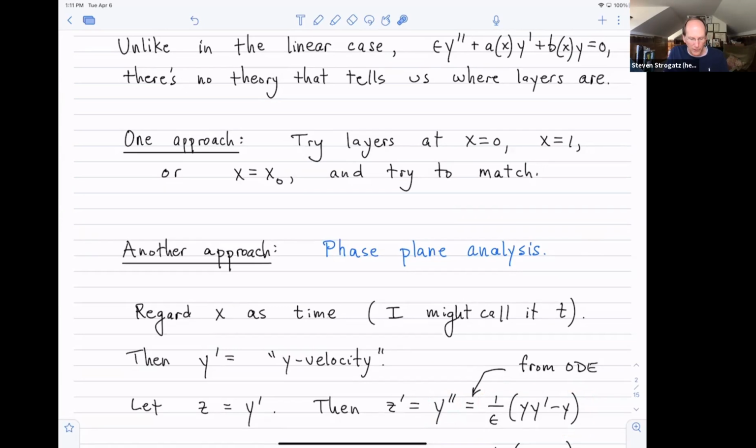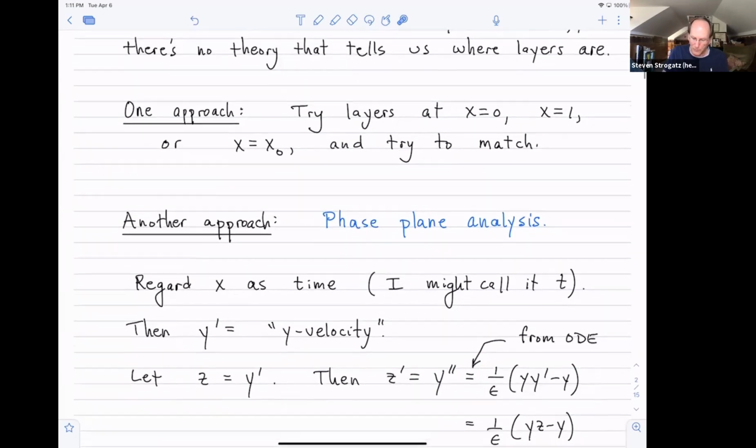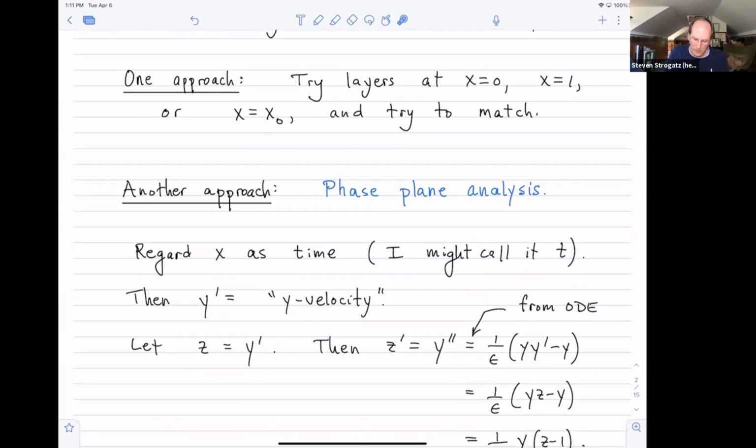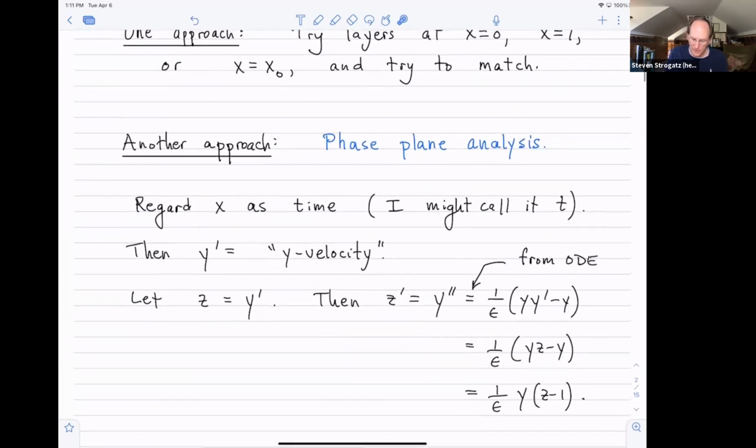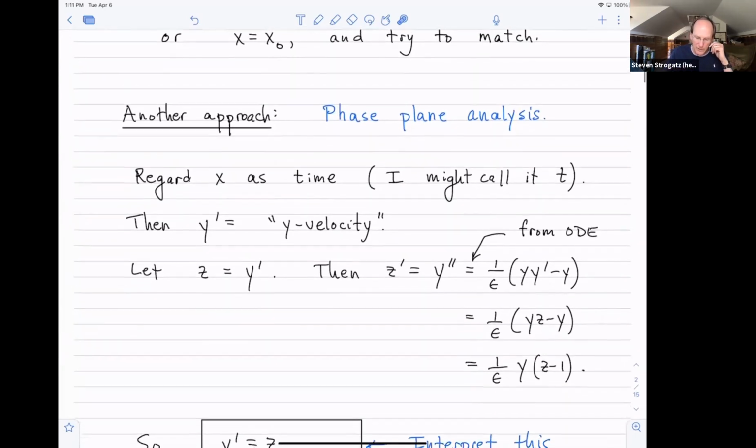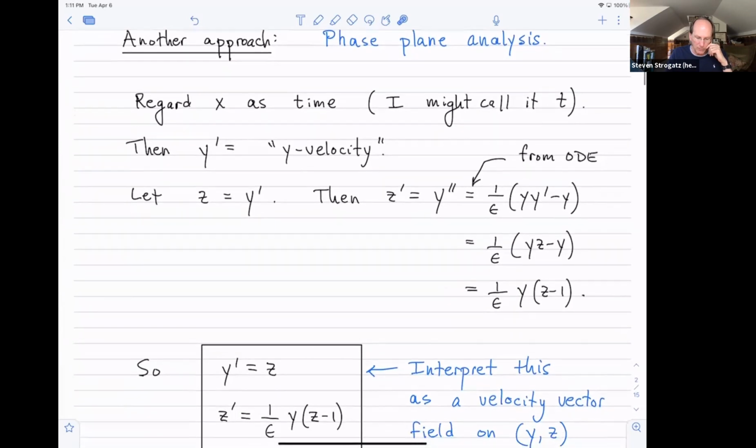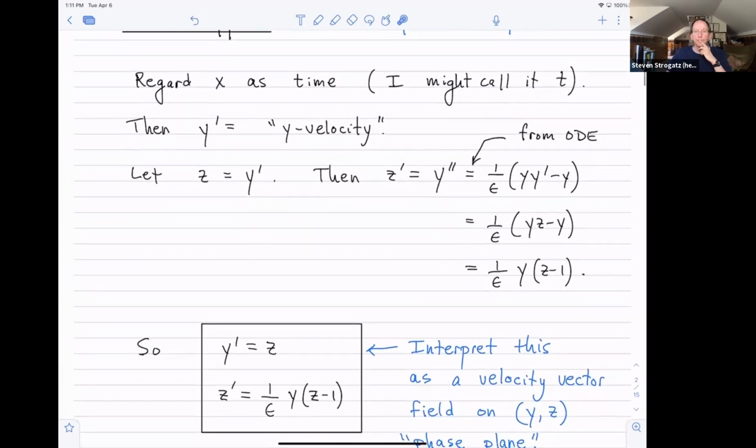But now, in terms of our new variable z, that can be re-expressed as 1 over epsilon times (y z minus y). And then you could factor out the y, and you get this little expression. So the point is that we can write y prime and z prime just in terms of y and z. That's equivalent to our differential equation. We haven't done anything here, we're just rewriting the problem.